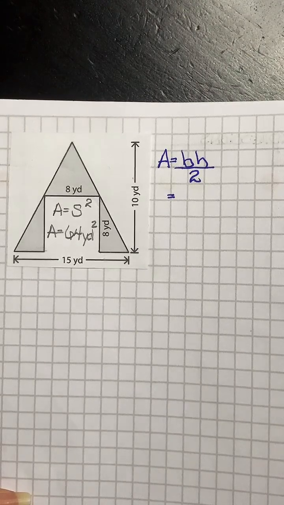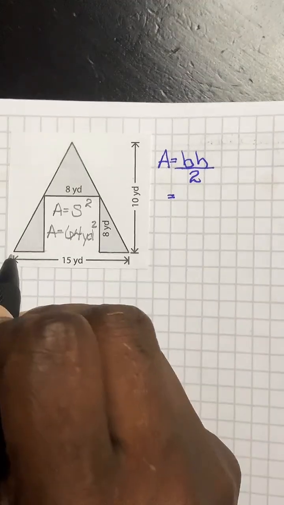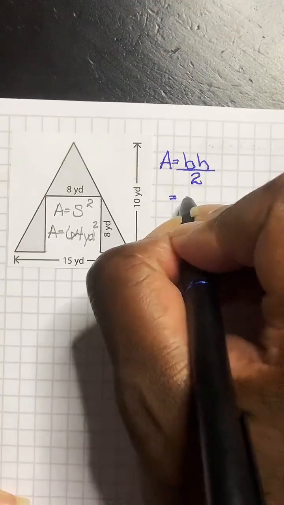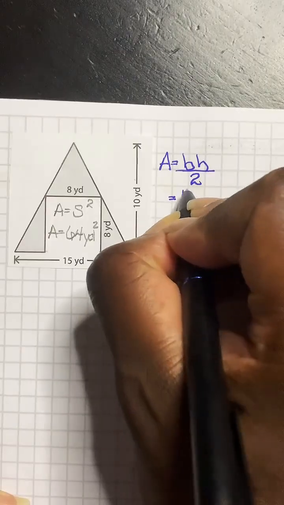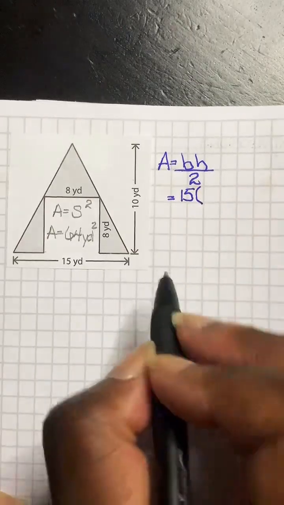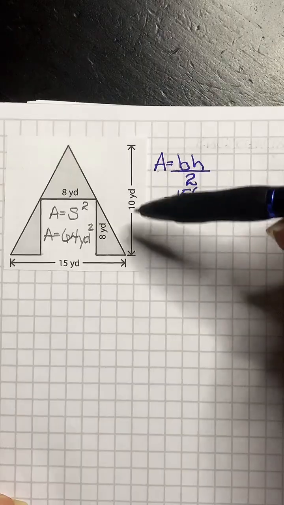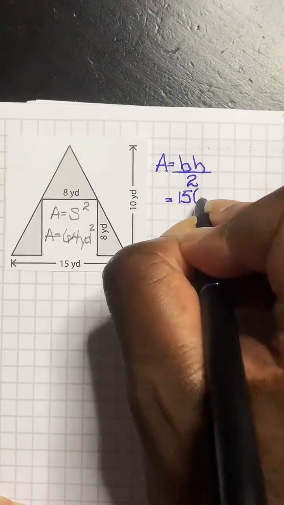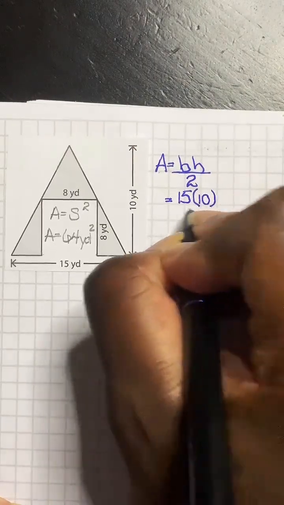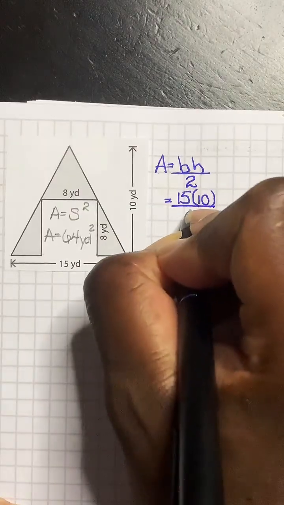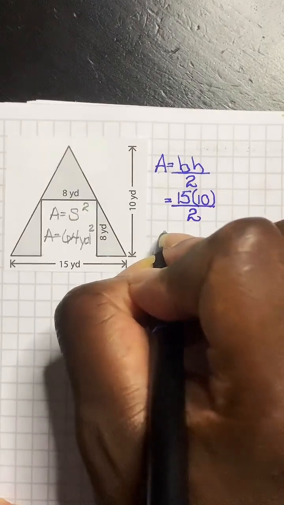Okay, so we're going to calculate it. So my full base is 15. My height, which they gave us, is 10. And we're going to divide by 2.